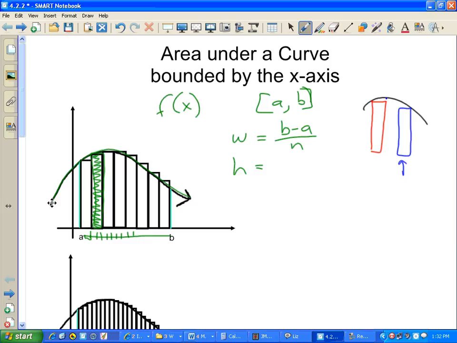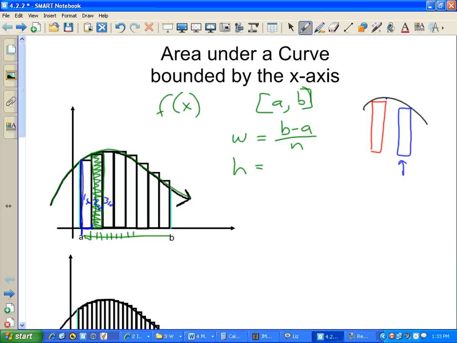As I'm going along, this would be the first rectangle, here would be the second, and this is the third rectangle. If I'm using left endpoints, this first rectangle is b minus a over n wide, and it's this tall.